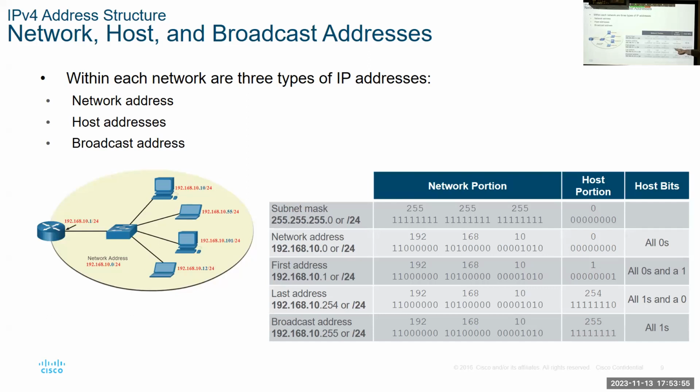To figure it out, you just take your host portion, all zeros, and then the rightmost is a 1. For the last host, all the bits are 1, except for the last one, which is a 0. Because if you made the last one a 1, it would be the broadcast.